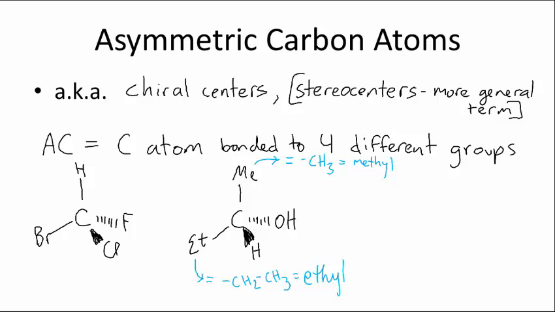So you're making 2 separate models. One with a carbon atom in the middle, bonded to 4 different things. Make sure it's a tetrahedral atom. And then take a second carbon atom, bond it to the same 4 different things. But don't bond the 2 models together.